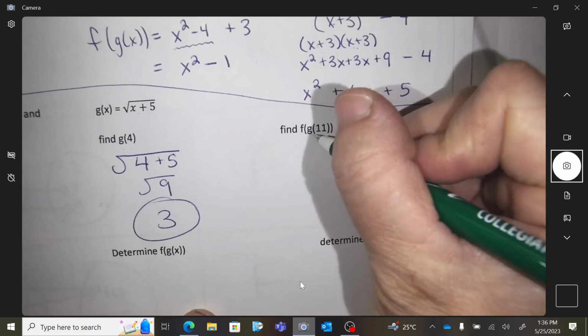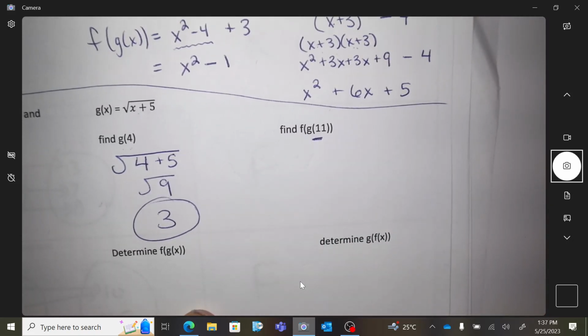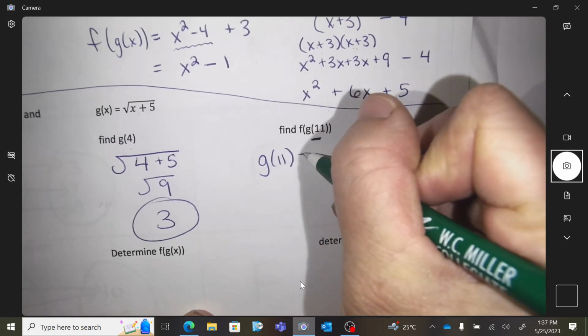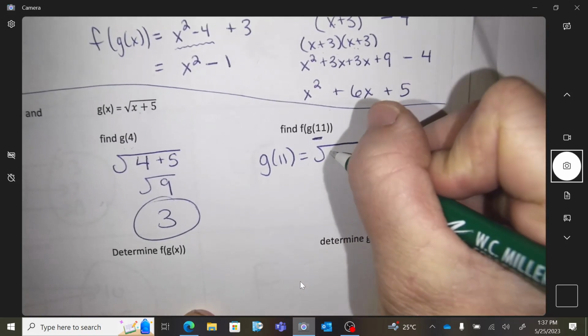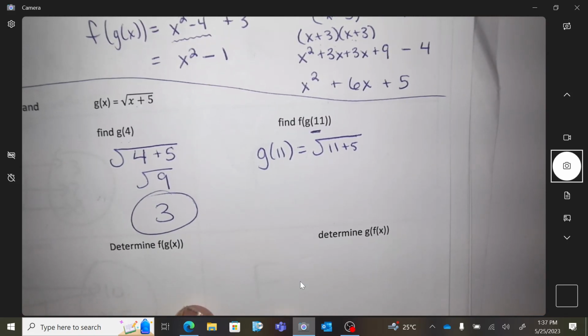Okay, here we go. F of g of 11. So we have to do g of 11 first. Okay, so 11 needs to go inside the g function.